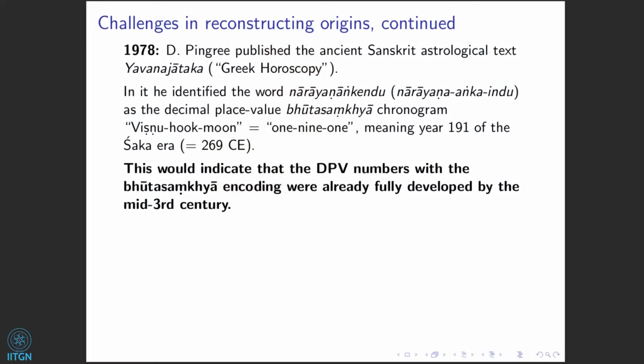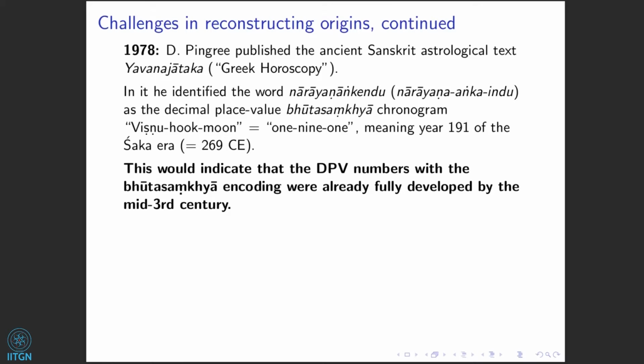And this, in the context, seems to refer to year 191 of the Shaka era, or equivalently about 269, 270 of the Common Era. So when this sort of thing works, it's a very nice, elegant way of using our textual evidence to figure out historical developments.